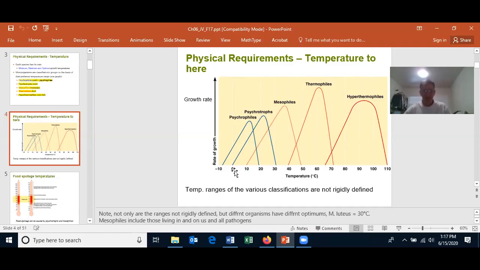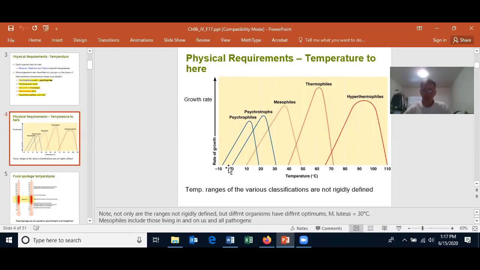Generally speaking, below 0 degrees, things don't grow unless they have an antifreeze in them, because 0 degrees is when water freezes. But there are things that can grow at about minus 10 degrees Celsius because of antifreeze.